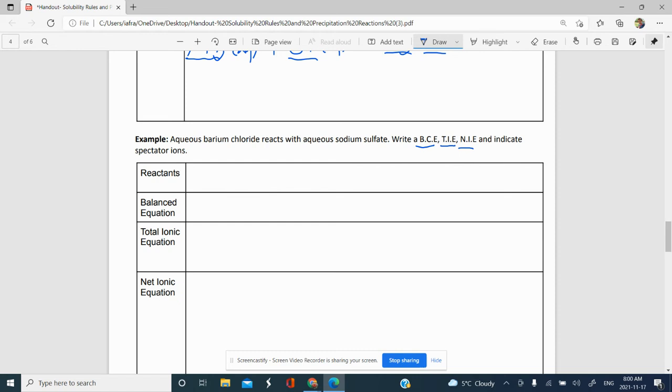So firstly, I want to identify my reactants. I have barium chloride, so BaCl2 Aq, because it says aqueous, or if it said solution, same idea. And my other reactant is aqueous sodium sulfate, Na2SO4 Aq. And so I'm going to write a balanced equation out.